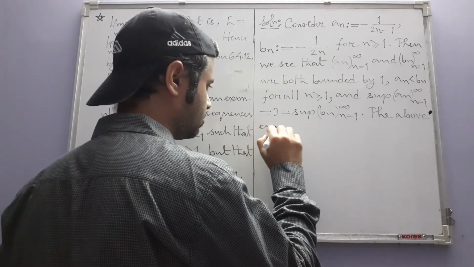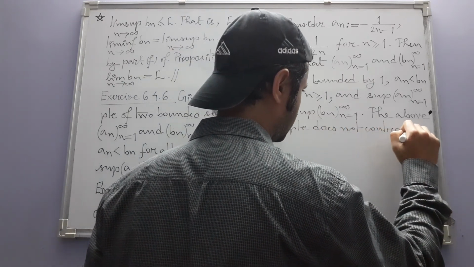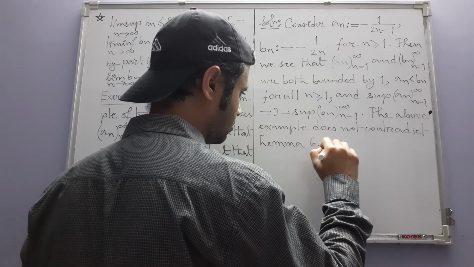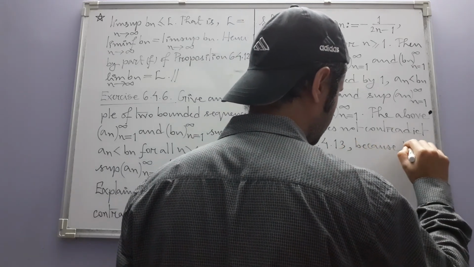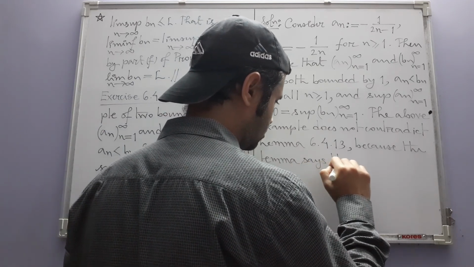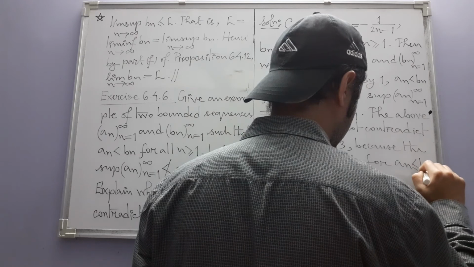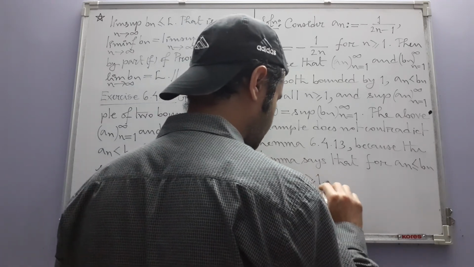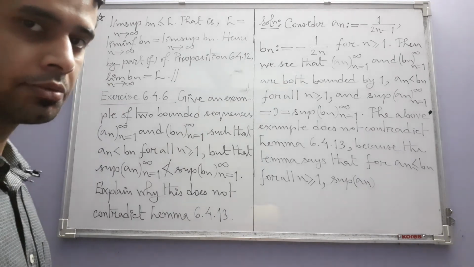The above example does not contradict lemma 6.4.13, because the lemma says that for An less than or equal to Bn for all n greater than or equal to 1, supremum of An is less than or equal to supremum of Bn.